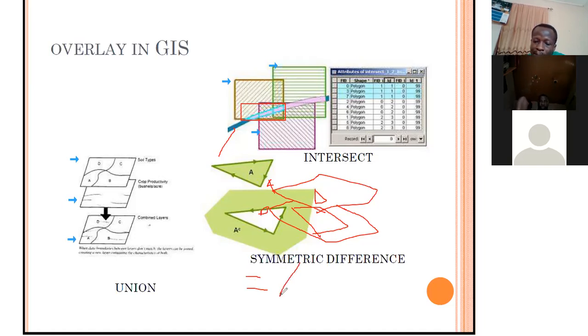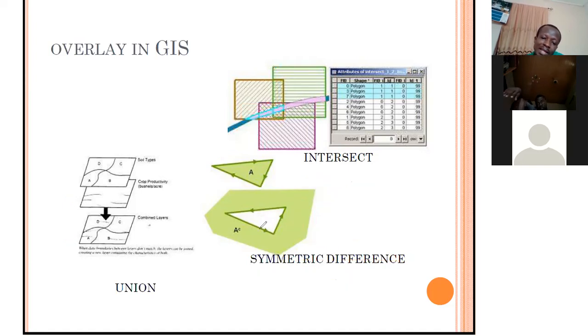But that's what we don't want. So you end up having something like a hollow polygon. Are you okay? So you have a combination of these two with the triangle, but then this area is actually hollow. There's nothing in here. That is the symmetric difference overlay. At the end of the day, you have something like an island for this one.